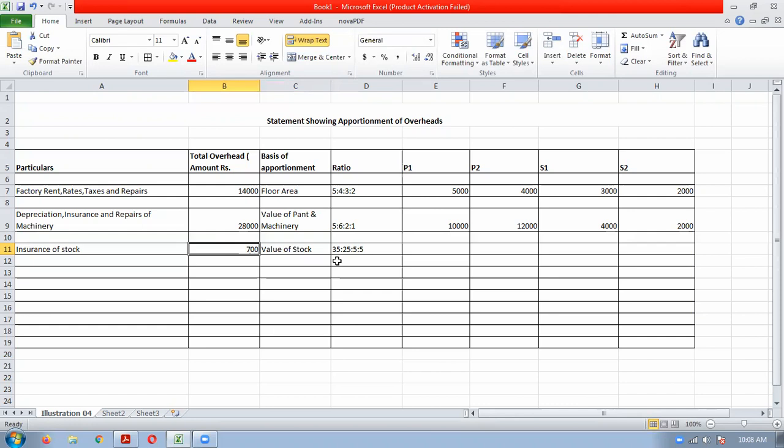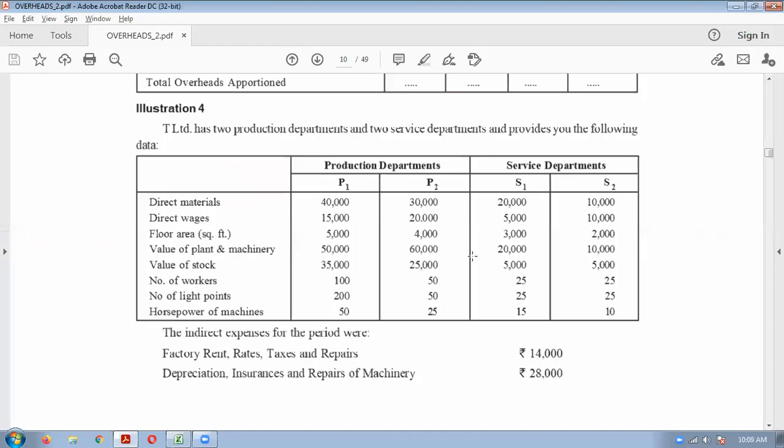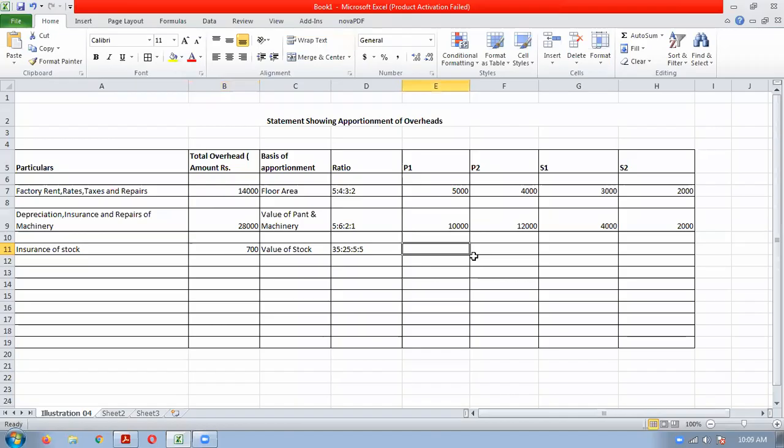If you want, you can further reduce it also. 7 is to 5 is to 1 is to 1 you can do. Is anybody dividing this? 7 plus 5, 12. 12 plus 1, 13, 14.